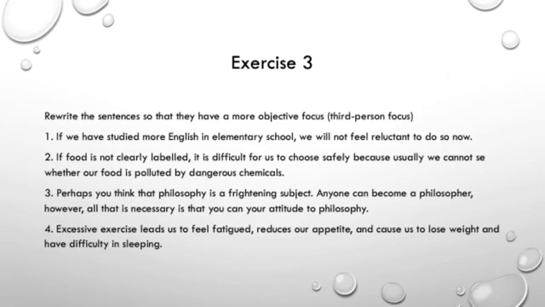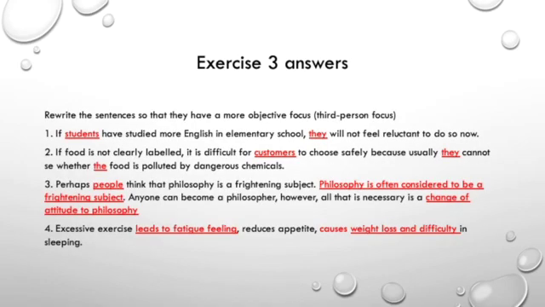Now stop the slide and it's time for you to try exercise 3. Rewrite these sentences so that they have a more objective focus. The answers have been highlighted in red. Students, stop this slide and read through the answers. See if you have got these answers correctly.